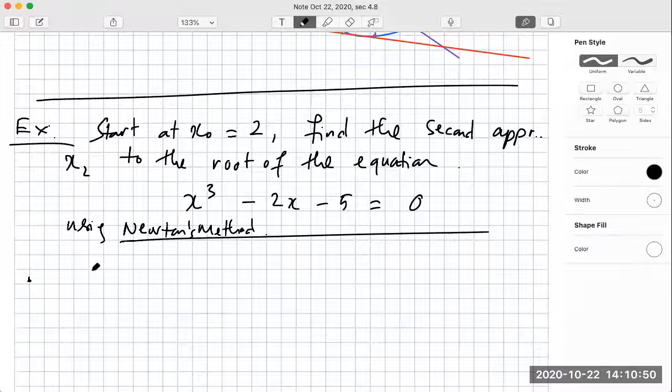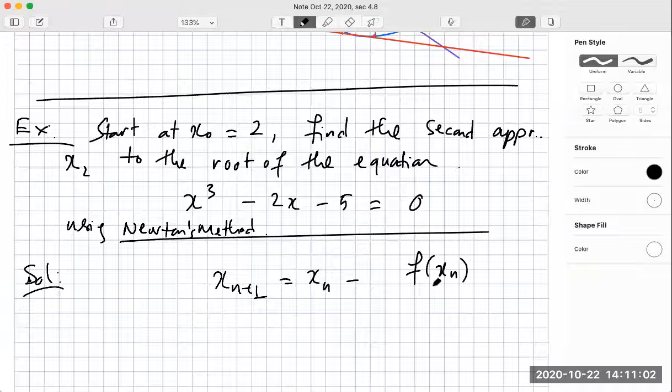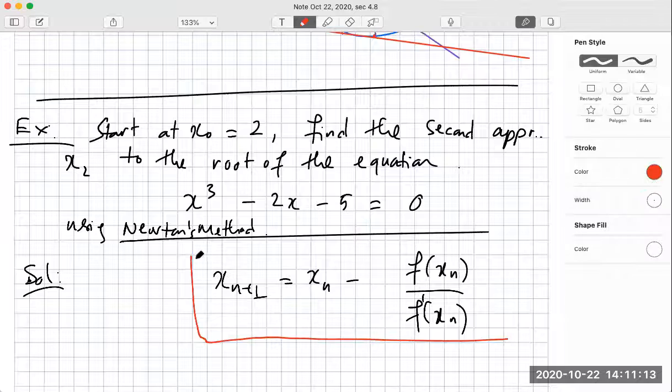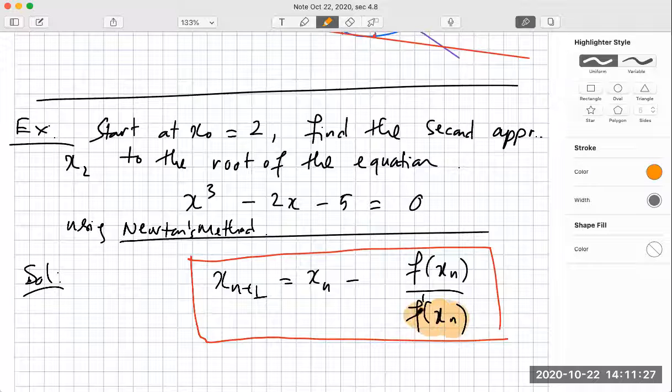Okay, before doing this, let us remind the formula of Newton method. x(n+1) is xn minus f of xn over f prime of xn. So from the formula here, what do we need to know at any step? Yes, f and f prime, right? So that is why we are going to compute the first derivative of this guy.